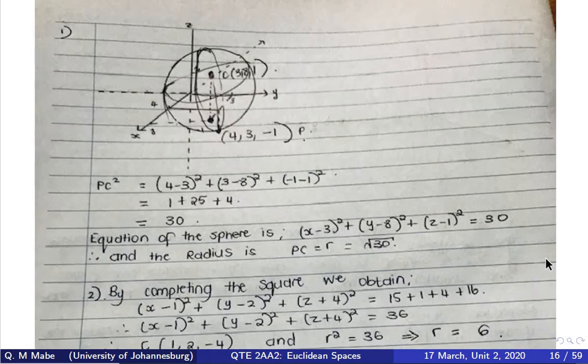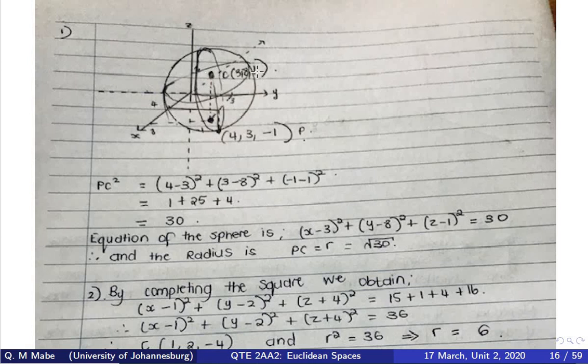So we have workings here. Because we said our sphere looks something like this for number 1, where, because this is not drawn to scale, our center is at C. We're in R3, so it will be the point here.